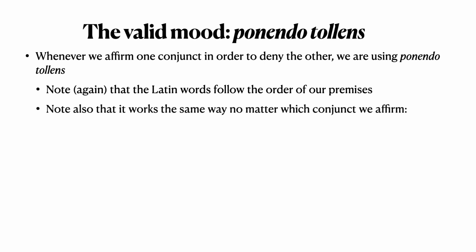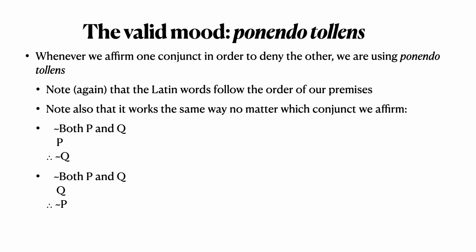It follows the order of our premises. But note also that it works the same way no matter which conjunct you affirm. That is, these two things are exactly the same. If I say not both P and Q, P, therefore not Q, that's the same as not both P and Q, Q, therefore not P. And by the same as, what I mean is that both of those are valid.